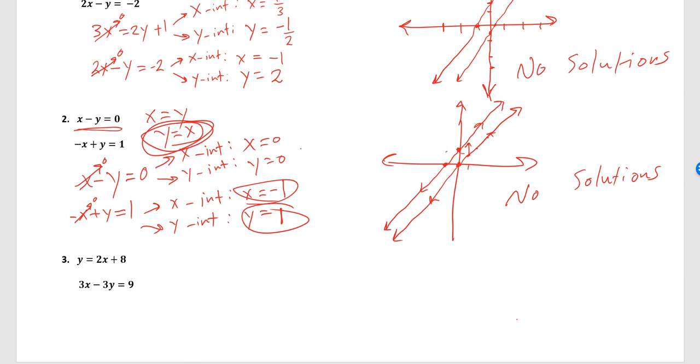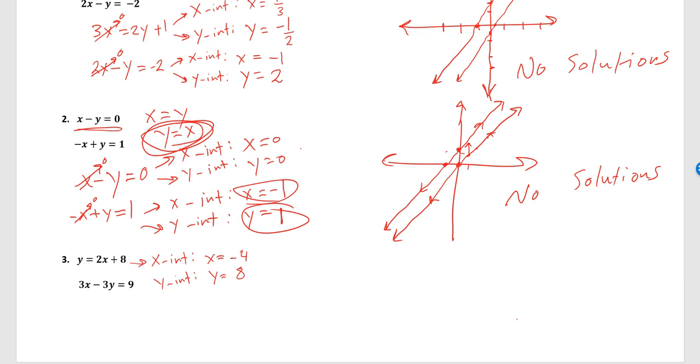For the first, the x-intercept is x equals minus 8 over 2, which is -4, and the y-intercept is y equals 8.